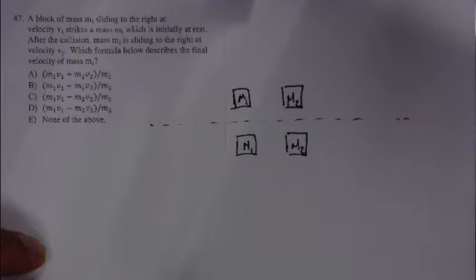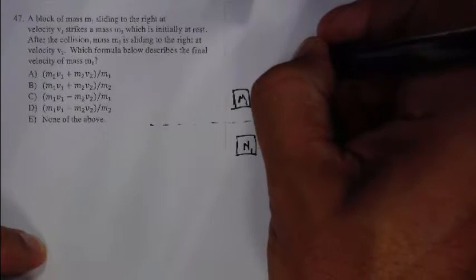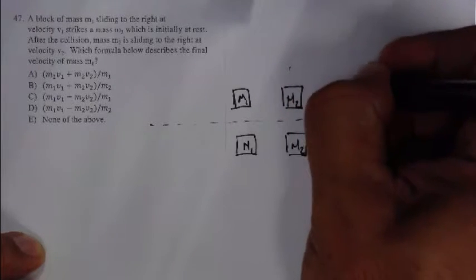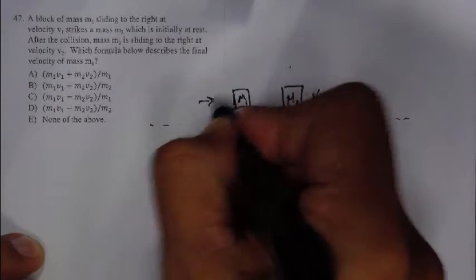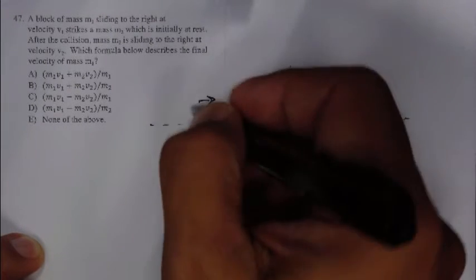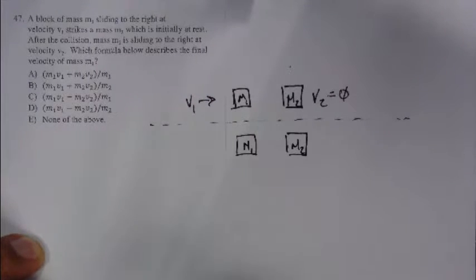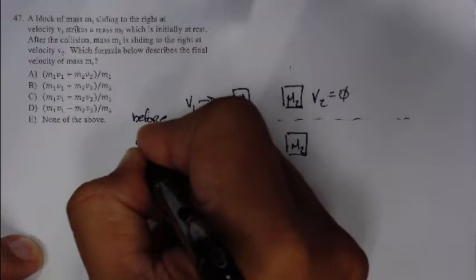Now, a couple of things we need to go ahead and say. Mass m2 is at rest, so v2 equals 0. We know that. Mass m1 is moving towards mass m2 at v1. Now, this is before and this is after.